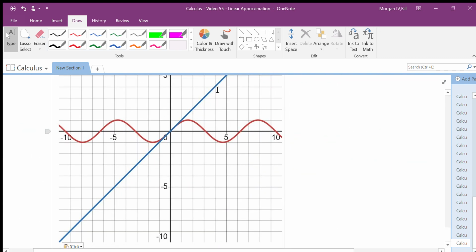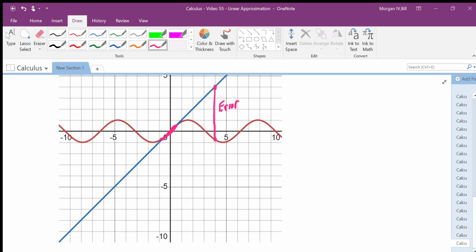I mean, the error would be, I can draw it on here. The error for L of x equals 4 would be up here. The function value at 4 would be down here, and you'll see the error is huge. But as long as we stay within this negative 0.5 to 0.5 region, that line is a really good approximation for the sin of x.